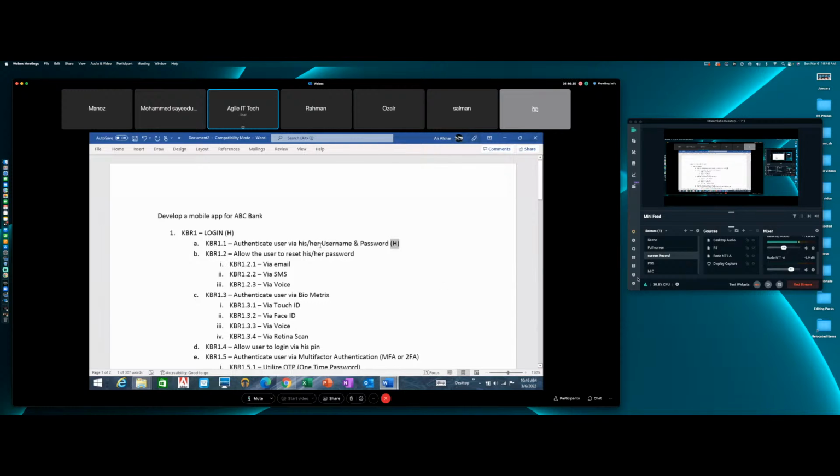So authenticate user via his user ID and password is a high. Agreed. Allow user to reset his or her password. Yeah, high. Why? Because if they forget the password, then they'll have to reset it. Muhammad, remember there's another application? What's the other application?